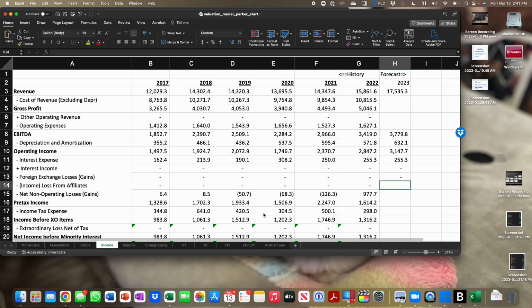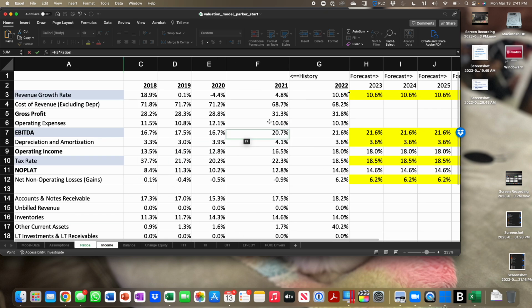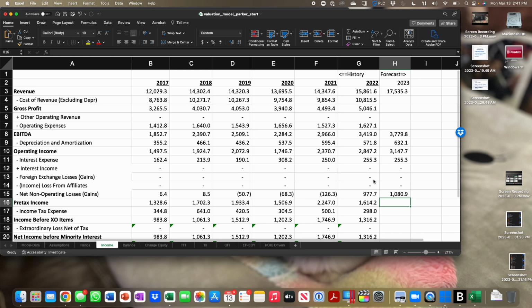Next, income or loss from affiliates equals the previous year. Whatever they are, they're going to stay. And finally, non-operating gains and losses equals 2023 revenue times, from the ratios tab, 2023 non-operating gains and losses as a percentage of revenue. So H12, 1080.9.